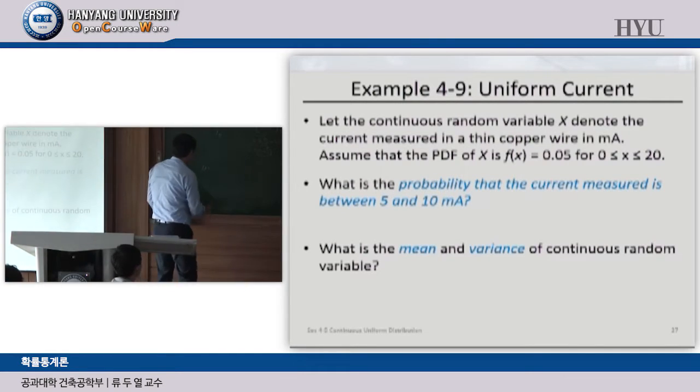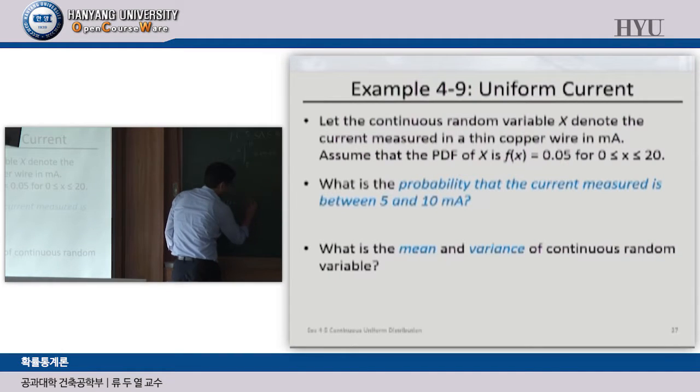So, the mu is (0 plus 20) over 2. That equals 10. What is the variance? Variance was (b minus a) squared over 12. That is (20 minus 0) squared over 12. Okay? That is equal to 400 over 12. That equals 33.33.